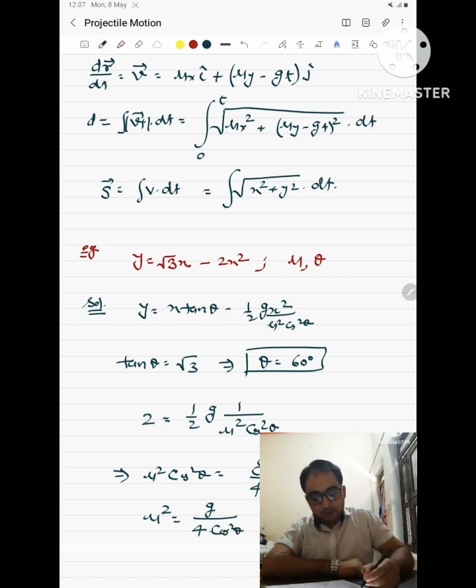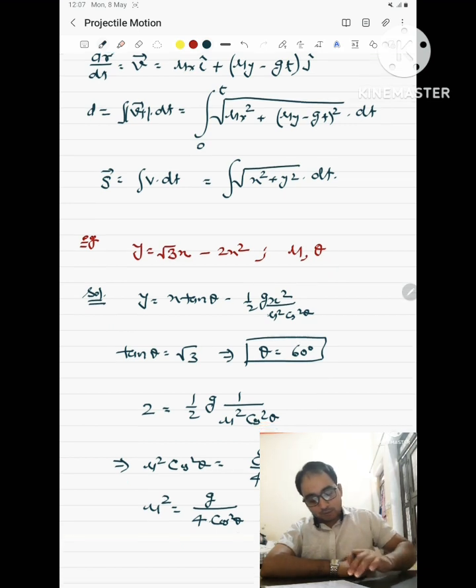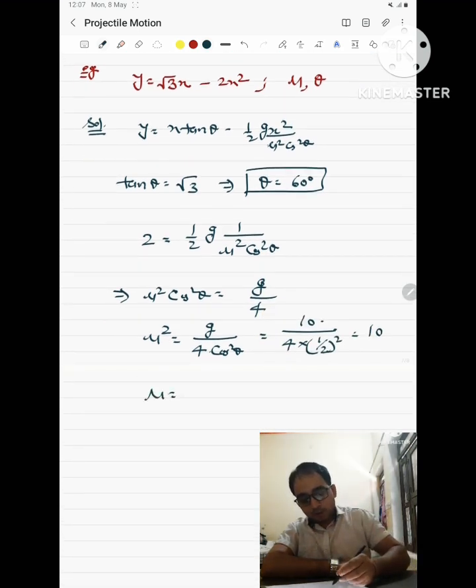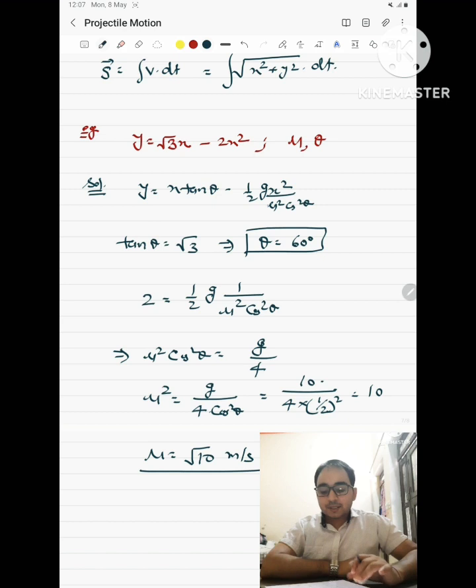G is 10, theta is 60 degree, so cos theta is 1 by 2 whole square, and that will be 10. So u will be under root 10 meter per second. So if the standard equation or the trajectory of the path is given, then we can compare both the equations to calculate the initial velocity as well as the angle of projection.